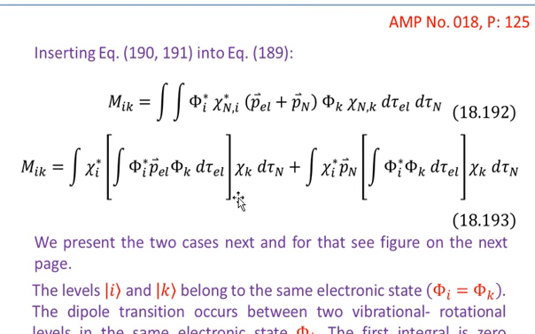So now we have separated the transitions involving the electronic part and the transitions involving the nuclear part. These two integrals have been separated, and together they will form the matrix elements of the MIK.